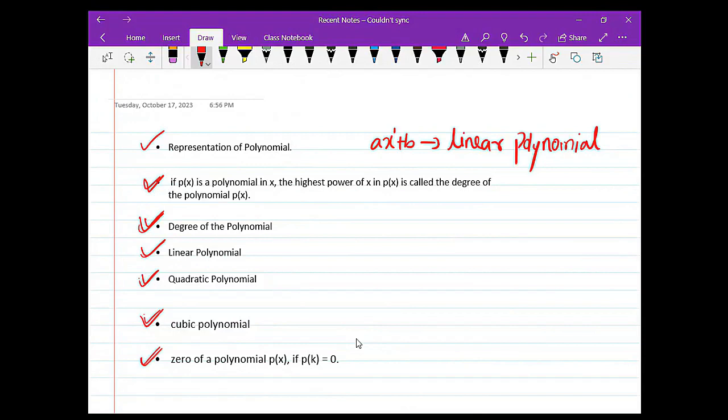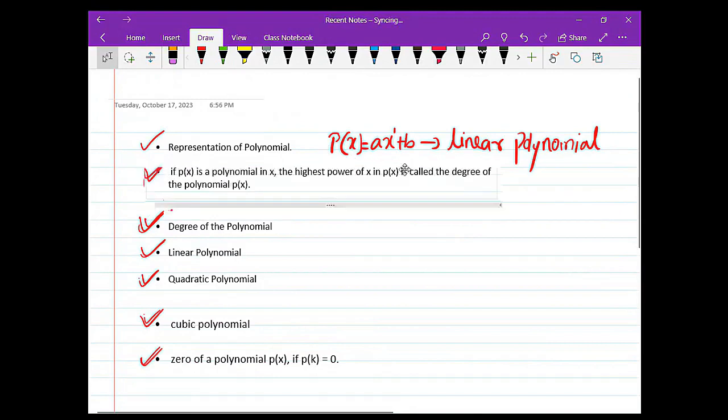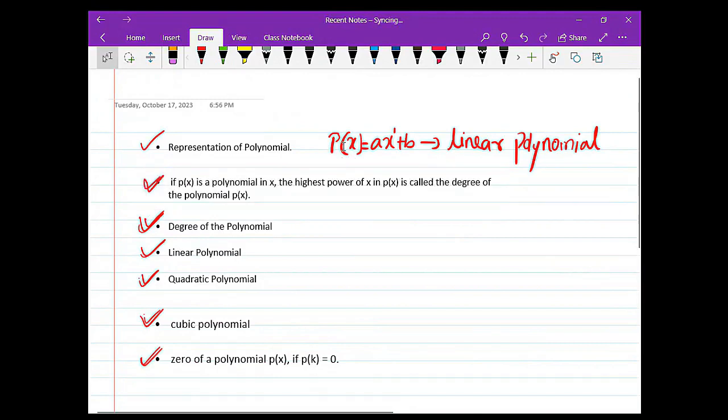This linear polynomial we represent as p of x is equal to, which means the polynomial is in the variable x. What does p of x show? P of x shows the polynomial has the variable x.